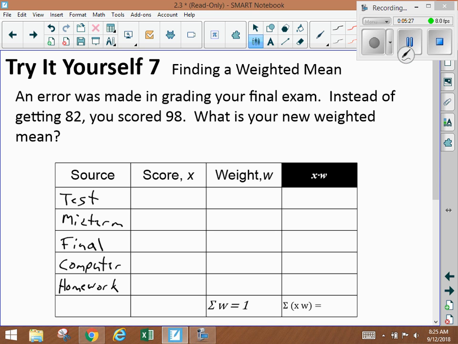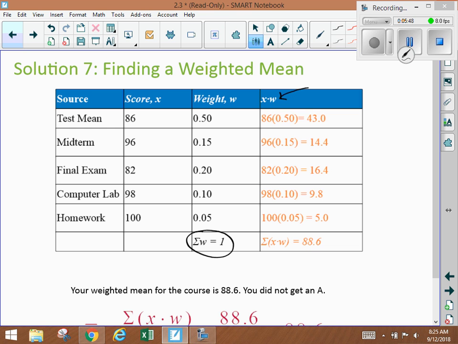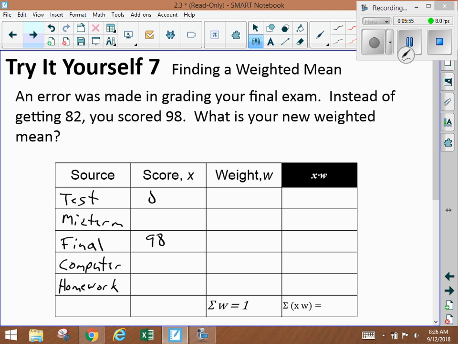Wow, that's a big mistake. B minus to A minus. All right, the score on the final became a 98, and the rest were 86, 96, 98, 100.